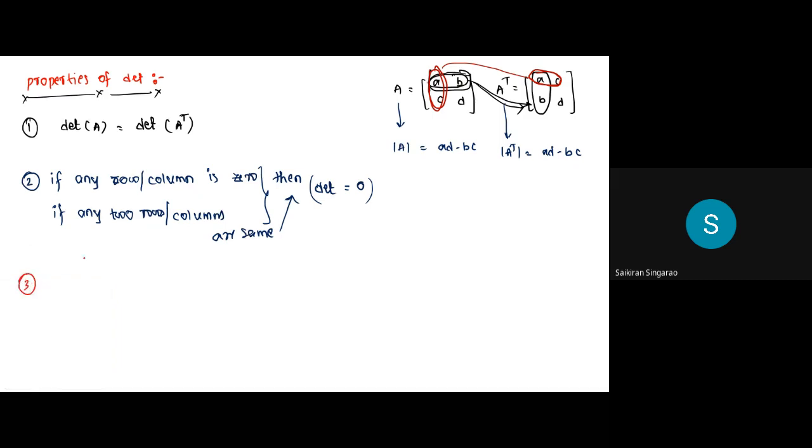Next, the third property is something like this. If any two rows or columns are interchanged, then the value of the determinant is multiplied by -1, right?